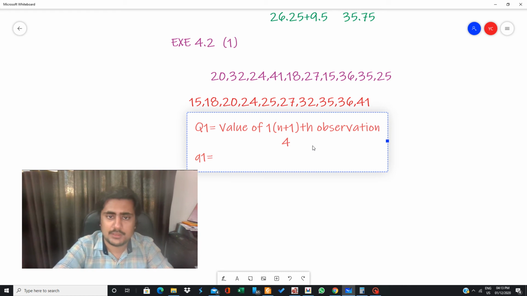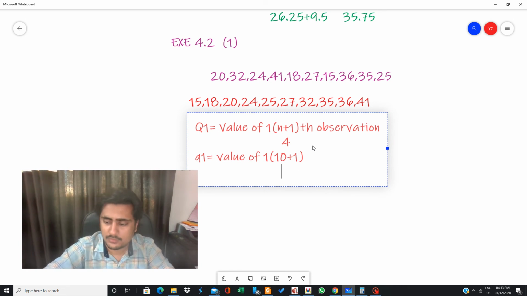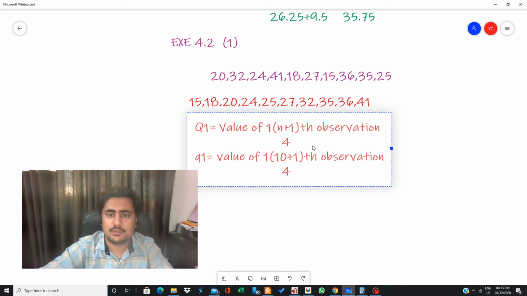So your Q1 is the value of 1 into (10 plus 1) upon 4th observation.